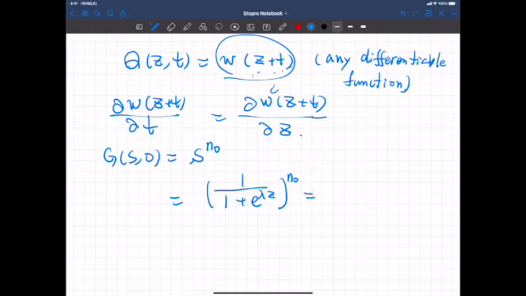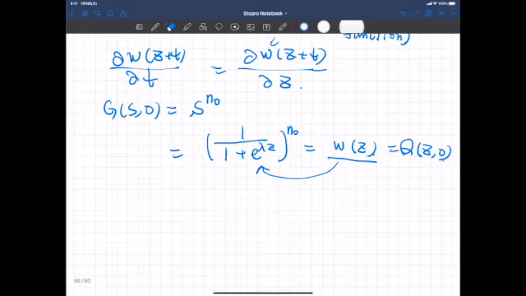So this should be equal to w of z, because t is equal to 0. So this is the function of z alone, and this should be equal to q of z, 0. So this function w should be of this form.